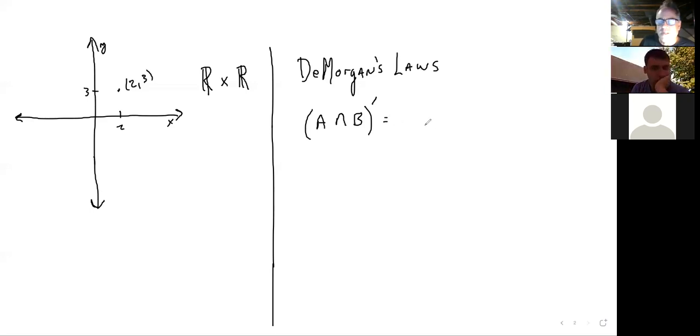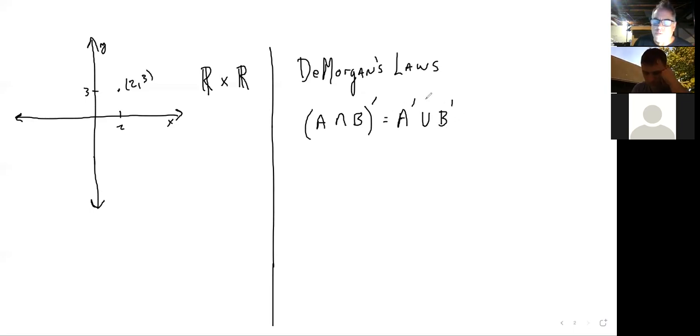It is the same thing as if I first took the complement of A and then union that with the complement of B. This will prove useful because you're going to have exercises where you're asked to find elements of a set, and there's going to be multiple operations to perform. And if you do so, you can do it either way. You get to the same place. That's what we're saying. They are equal.